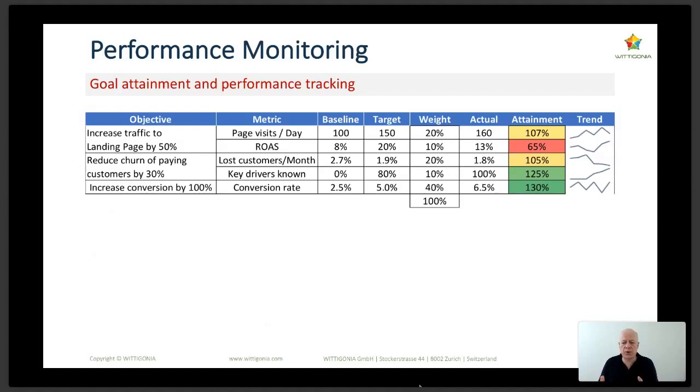And what you want to make sure here is, if you're working in a company where you're allocating incentives like bonuses to people in marketing, sales, and customer success, that the goals are very specific and very well defined, and they also have a weighting so that you articulate which goal is more important than the other.